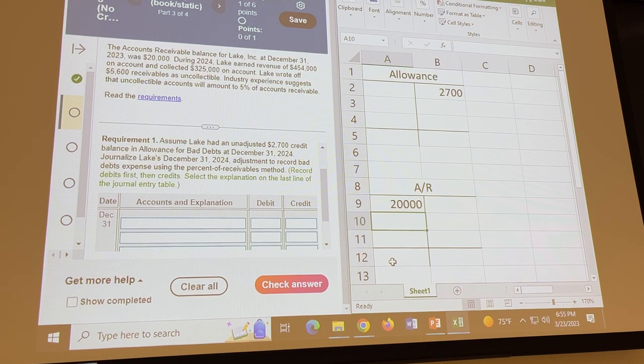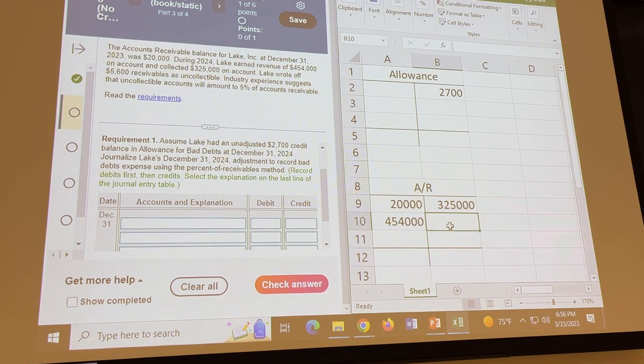So that means credit sales. So on the debit side of accounts receivable, we'll add $454,000. And they collected $325,000, so that's gonna go on the credit side of accounts receivable.